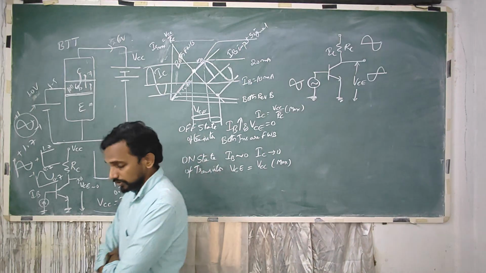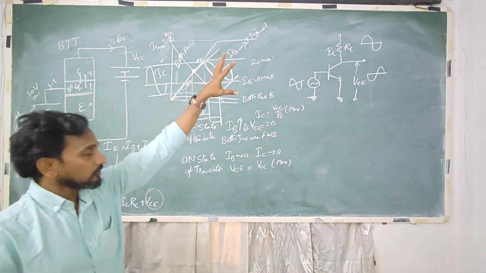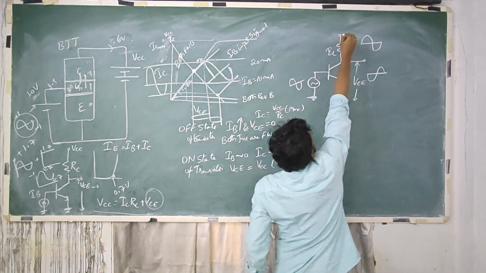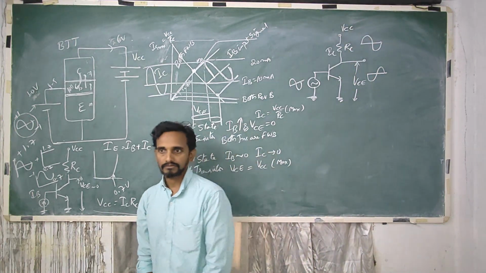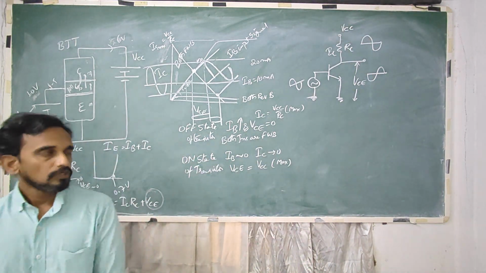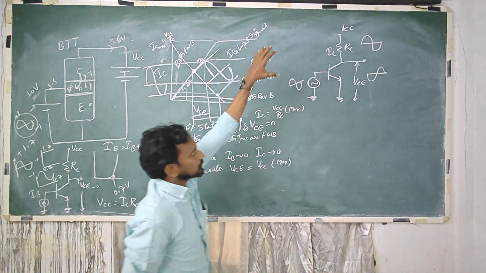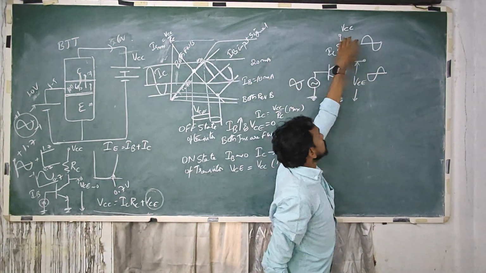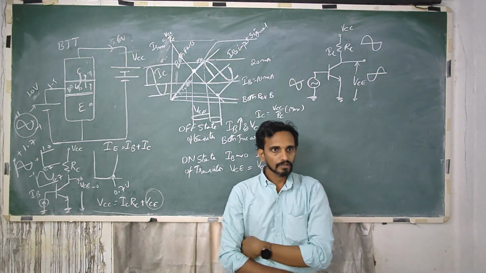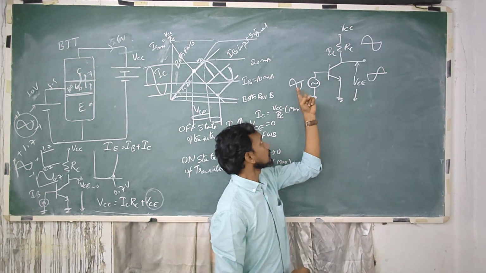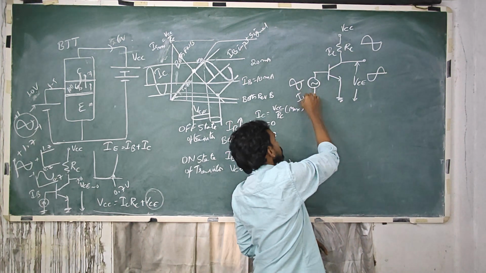Everything is derived from whatever VCC we are supplying here. Whatever voltage you supply through the battery is redistributed between ICRC and VCE in a manner similar to the input signal.